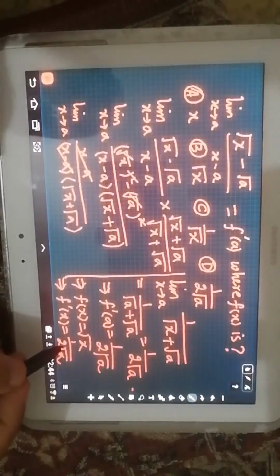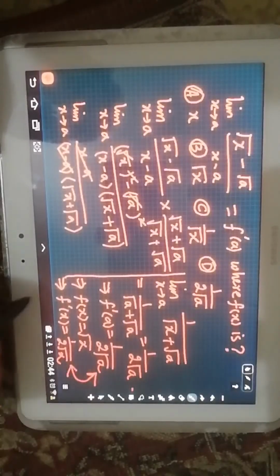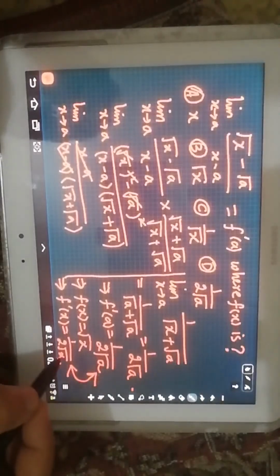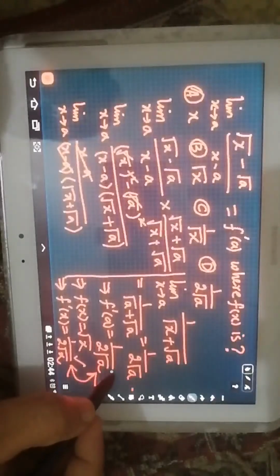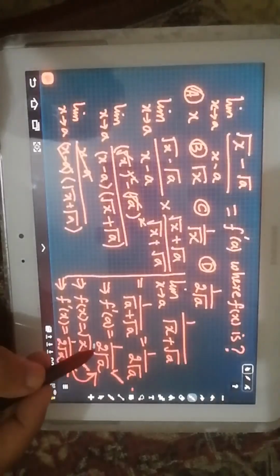If we evaluate it at a, we get this. So see that this is the derivative of the function here, and it is evaluated at a. So which function is this the derivative of? This is the derivative of this function.